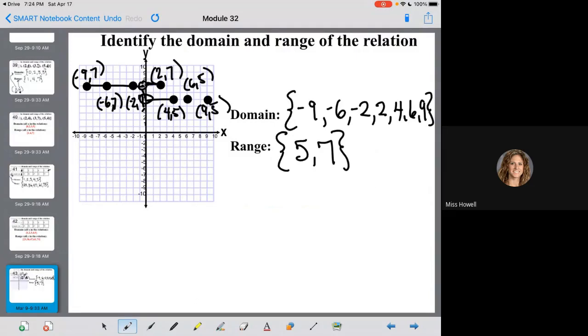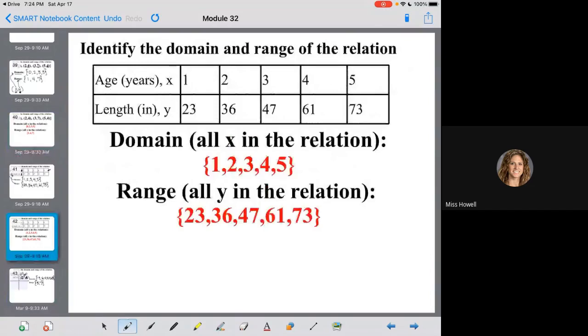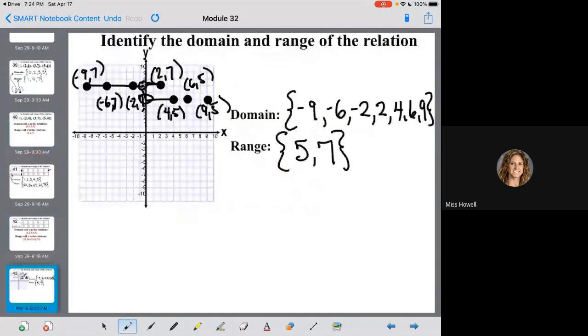All right, so we've looked at the simpler of the 2 types of identifying domain and range, which is with discrete points. I'm given individual ordered pairs, and I pull out my x's and y's. I'm given a table, and I can pull out my x's and my y's. Or I'm given individual points in a picture, and I can pull out my x's and y's from it.